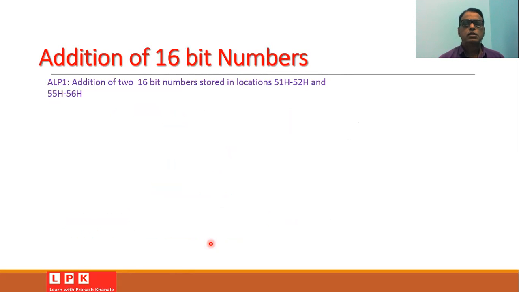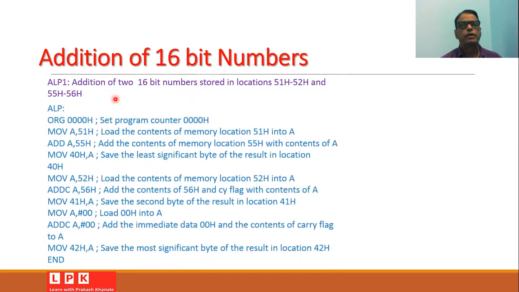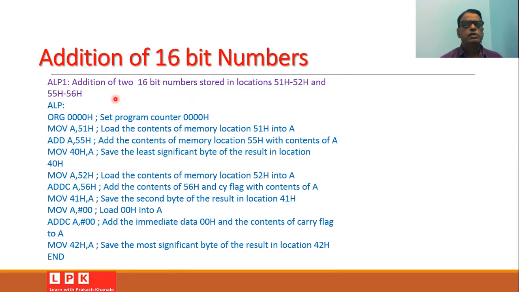Now let us discuss another program. Here we are making an addition of 16-bit numbers. So we are going to add two 16-bit numbers. The first number is stored in the locations 51H and 52H, and the second number is stored in the locations 55H and 56H. Initially we will set the program counter by using the instruction ORG 0000.